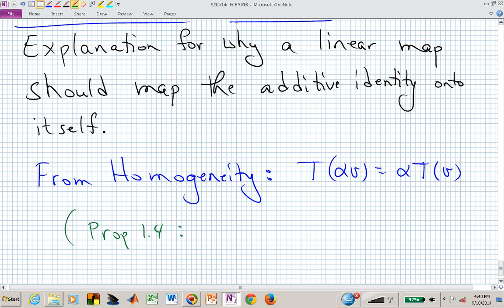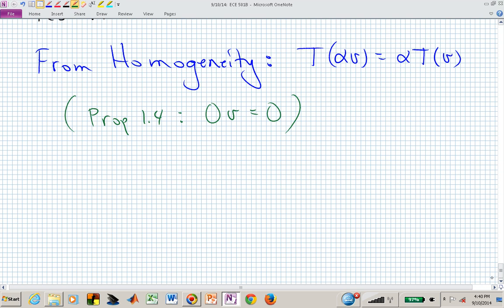That was an overloaded use of the zero. We have 0V, a scalar 0 times a vector, equals what? A zero vector. That's proposition 1.4. Now let's use that. For this case, let's let our scalar A be the zero scalar in our field.